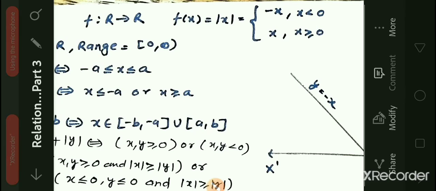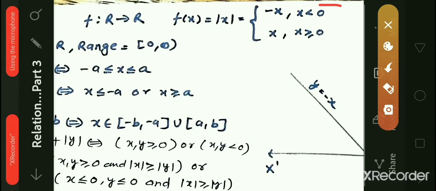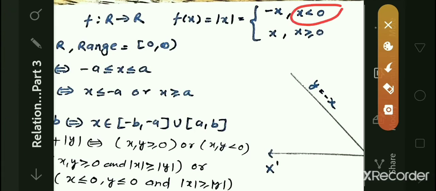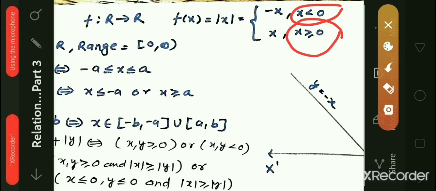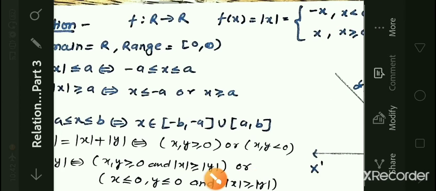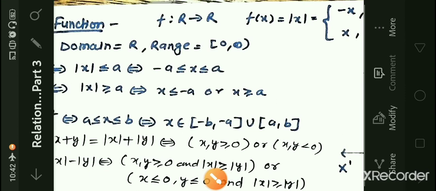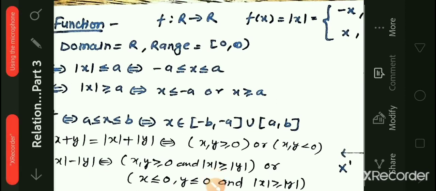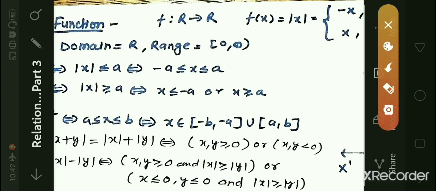When will it be -x? When x is less than 0, and it will be x when x is greater than or equal to 0. Now, its domain will be R and range will be 0 to infinity, including 0. It also includes 0.